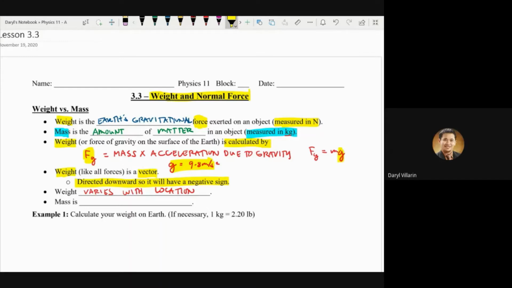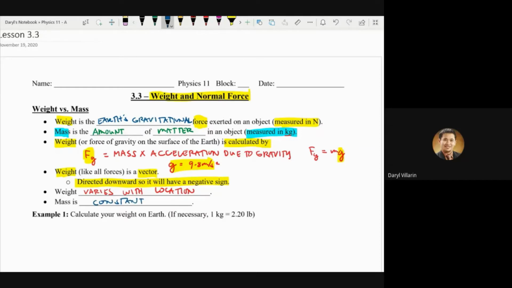Different locations on Earth will have a variation in the value of g. Actually, g is affected by altitude. Although in our case, as long as we are near the surface of the Earth, we just use that particular value. So weight varies with location, while mass is constant.